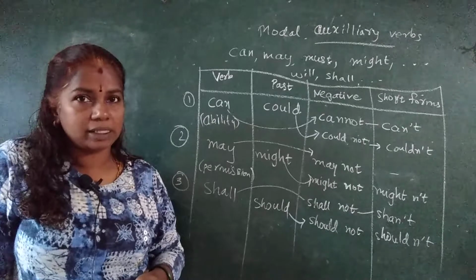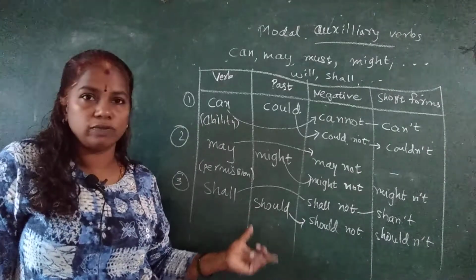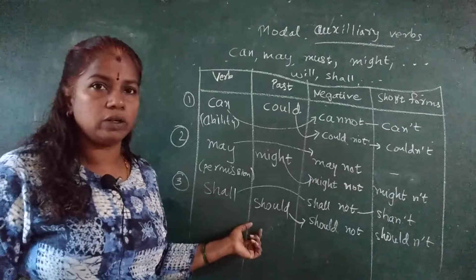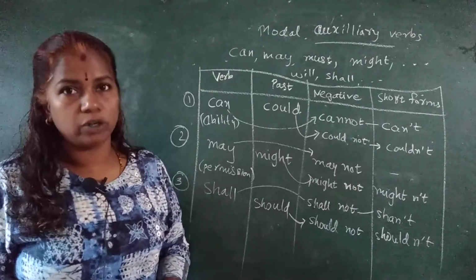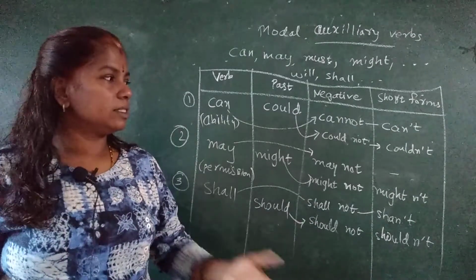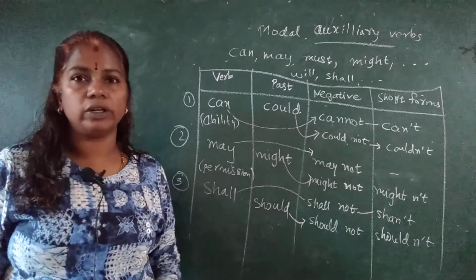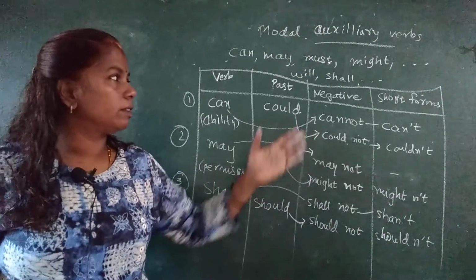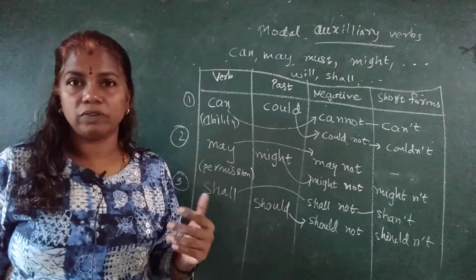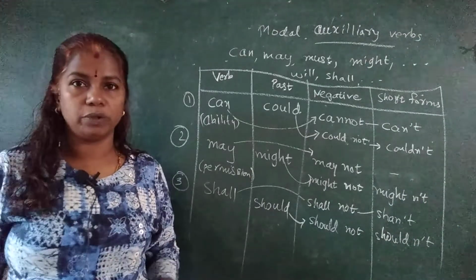And from the exam point of view, these all are useful for framing sentences with modal auxiliary verbs, or underlining the modal auxiliary verbs, or filling in the blanks with modal auxiliary verbs. Second, the short forms are useful for add question tags. Third, these negative forms are used when you are interchanging sentences from positive to negative or negative to positive.